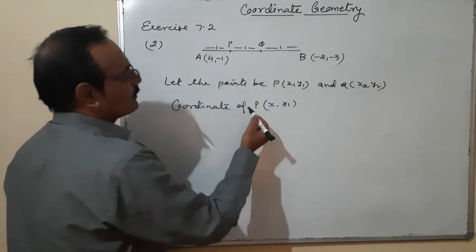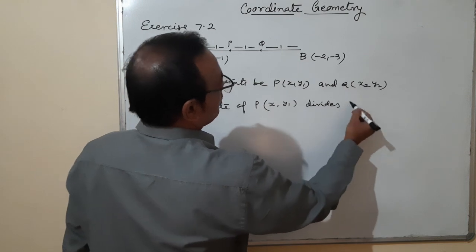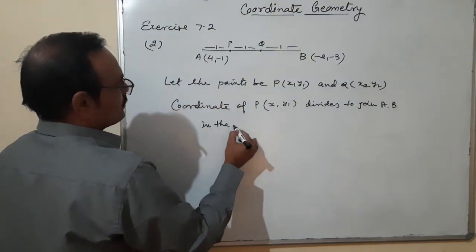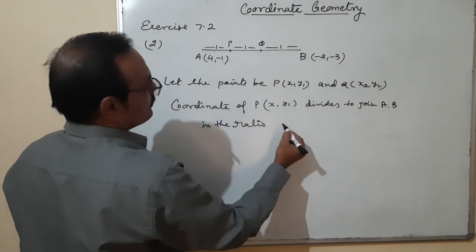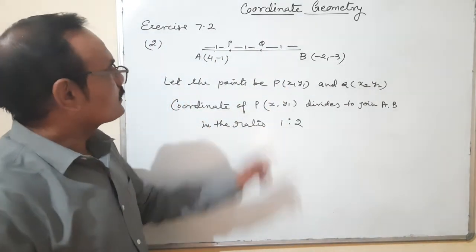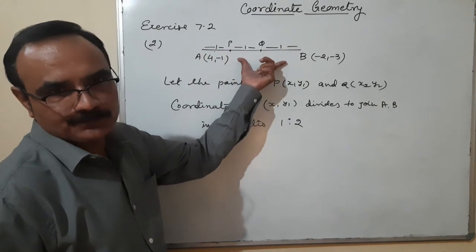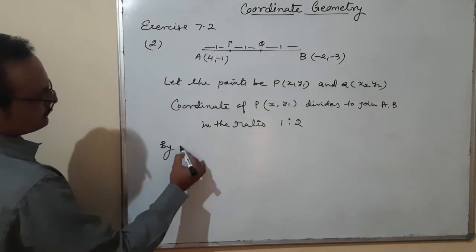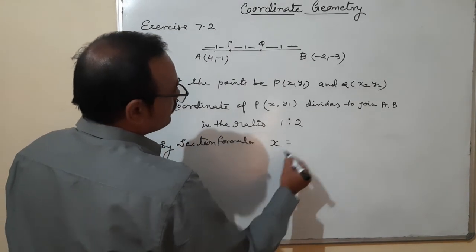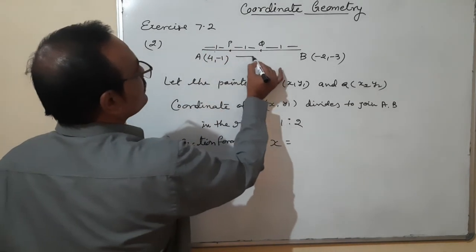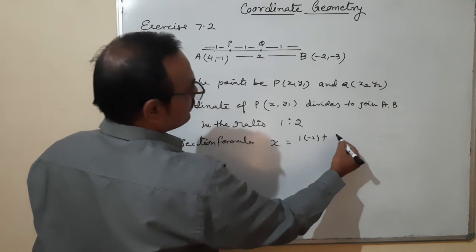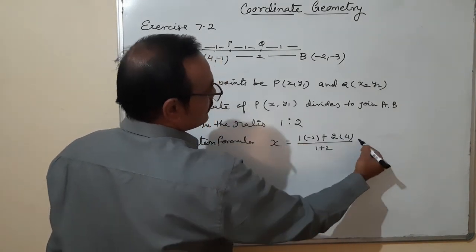This P divides the line joining AB in the ratio 1:2, since this is 1 part and that is 2 parts. Using the section formula, x is equal to m1 x2, so it is 1, and this complete is 2: 1 multiplied by -2 plus 2 multiplied by 4, upon m1 plus m2, 1 plus 2. What is coming?